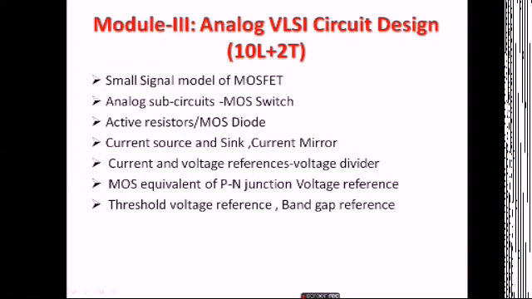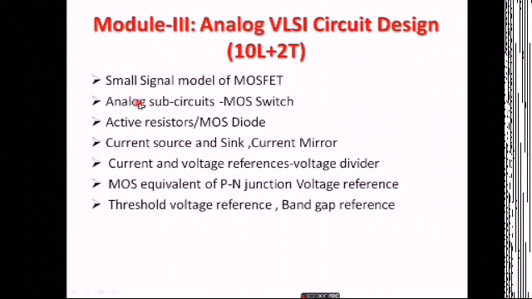Next is module 3, that is the analog VLSI circuit design. Here there are 12 lectures, that is 10 lectures and 2 tutorials. So the first one is the small signal model of the MOSFET. Second is the analog sub-circuit MOS switch, that is how MOS can be used as a switch.